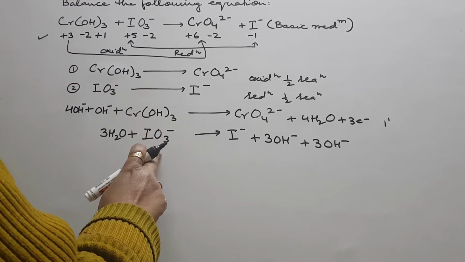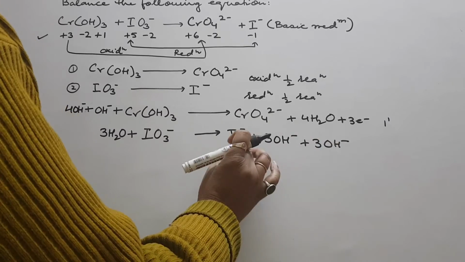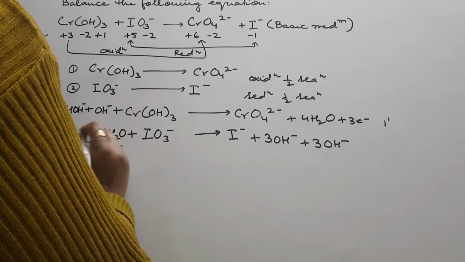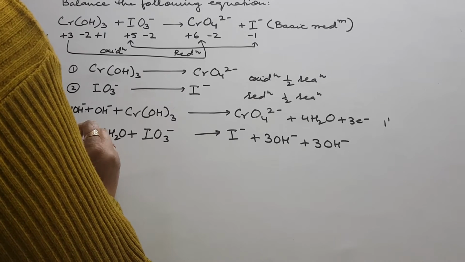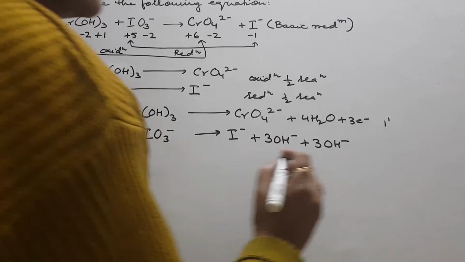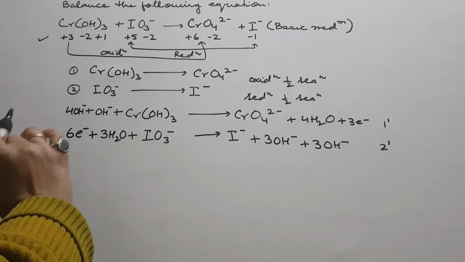And here I have got only 1 minus. So it means I need to put 6 electrons on this side. Right, children? I need to put 6 electrons on this side. And this is, in a way, my double dash balanced equation.